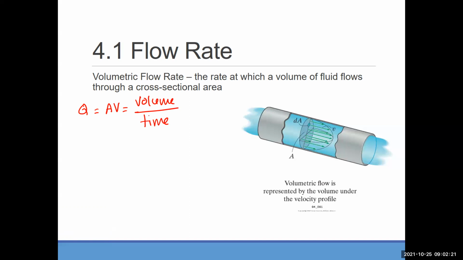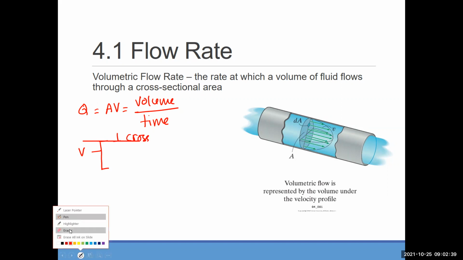After that, we discussed what is that V. What is the characteristics of that V? That V should be perpendicular to the cross-sectional area or cross-sectional surface.